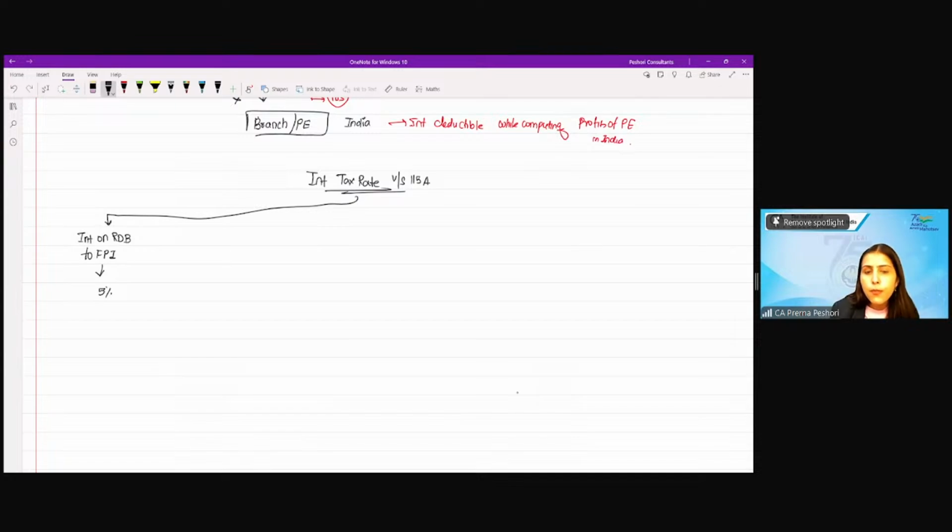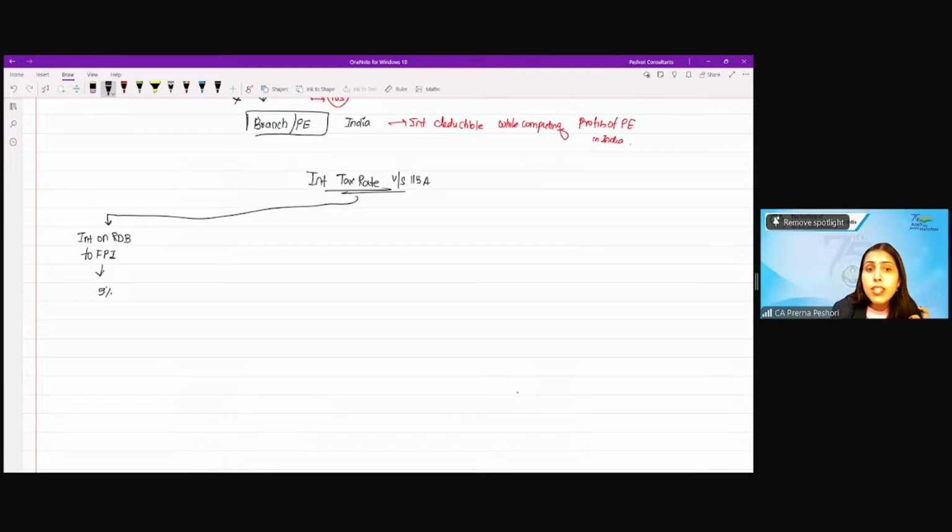Although it is under 115A only, the TDS which will be there will be under 194LD. So see, again, we are now starting to cover specific TDS sections. If you see, you don't have to do it separately.